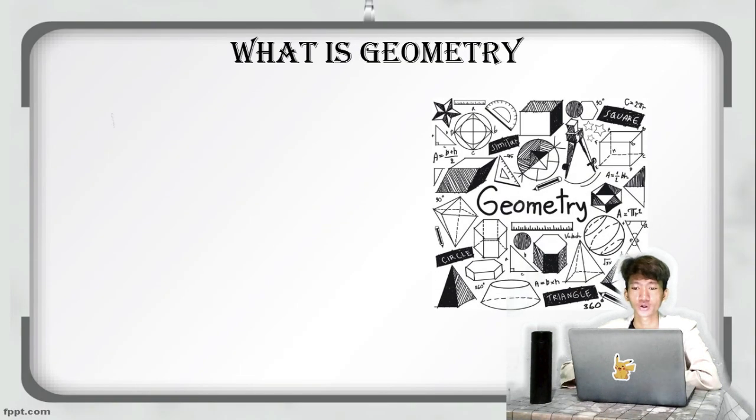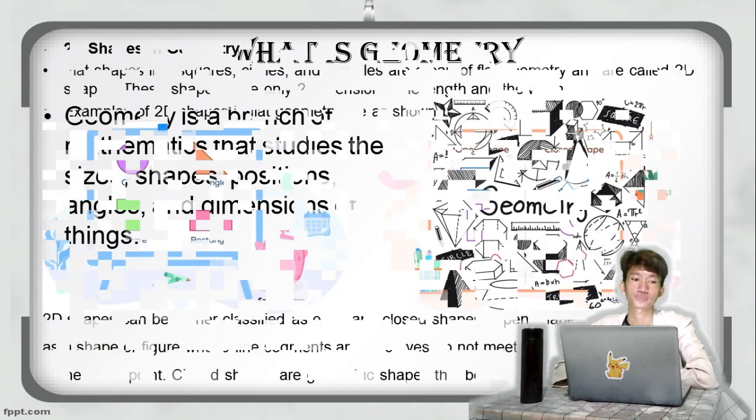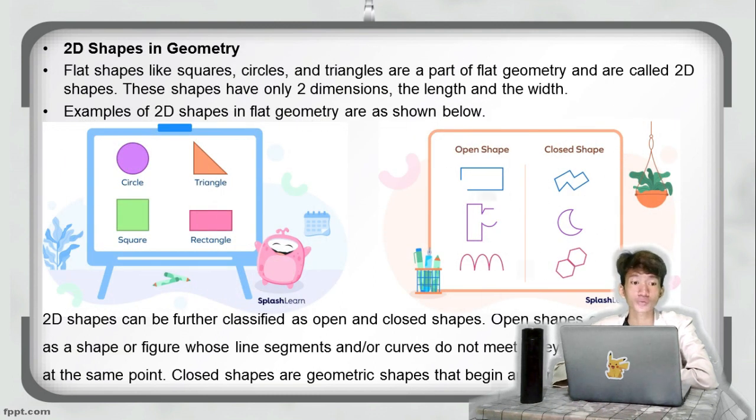Next, what is geometry? Geometry is a branch of mathematics that studies the sizes, shapes, positions, angles, and dimensions of things. Flat shapes like squares, circles, and triangles are part of flat geometry and are called 2D shapes.